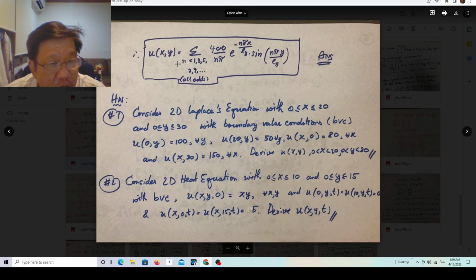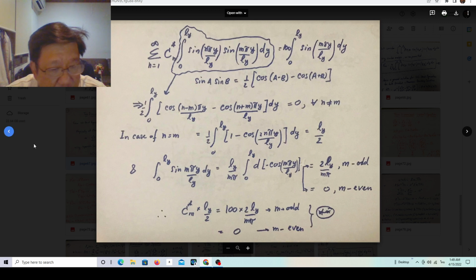Therefore, for u of x y, instead of n starting from 1 to infinity, for a non-zero constant n has to be only the odd values: 1, 3, 5, 7, 9, and so on. The constant value becomes 400 divided by n times pi. Why? Because here the L sub y terms cancel each other.